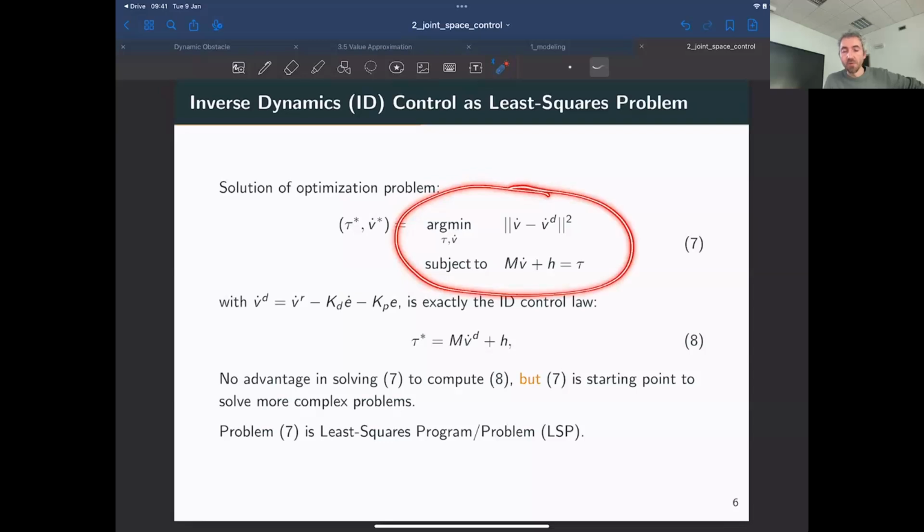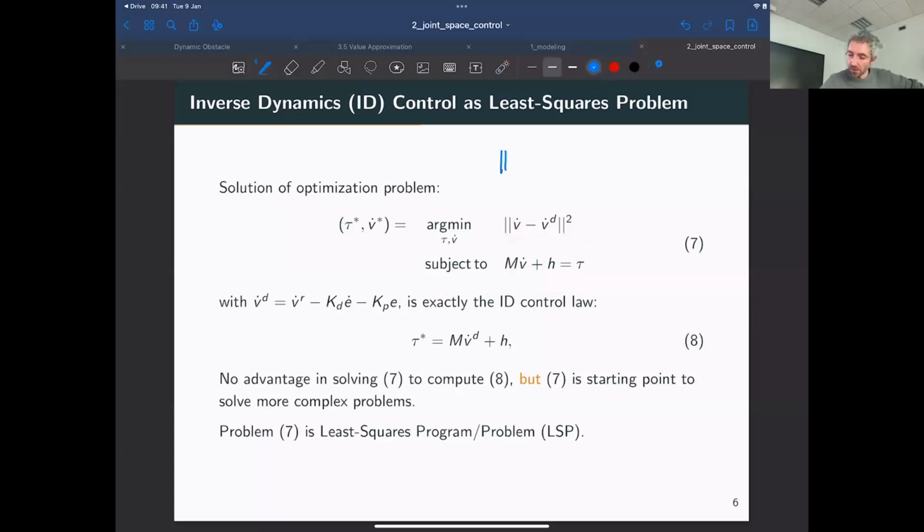So this kind of problem here is called a least squares program, because it has linear constraints, and the cost function is the 2 squared norm of an affine function. So it comes under the form norm of Ax minus b squared.